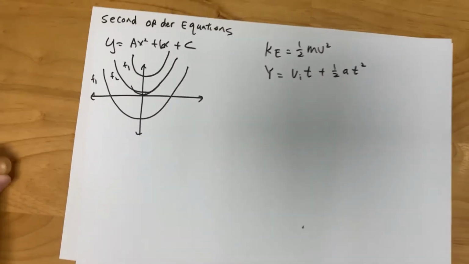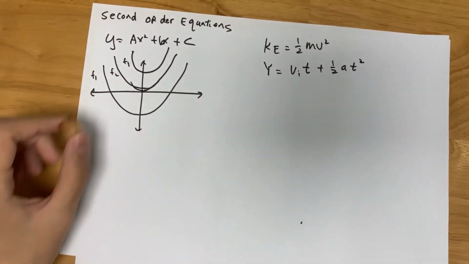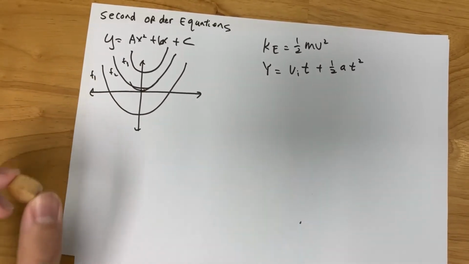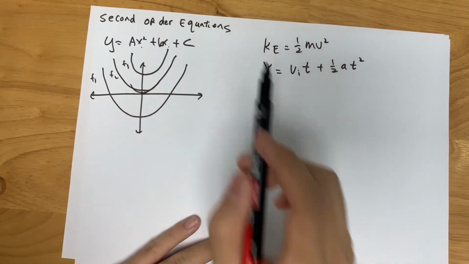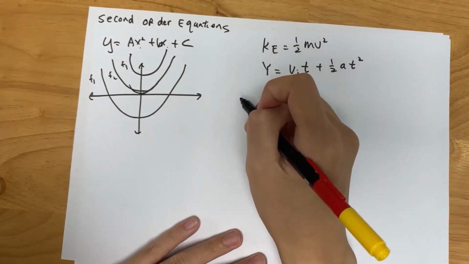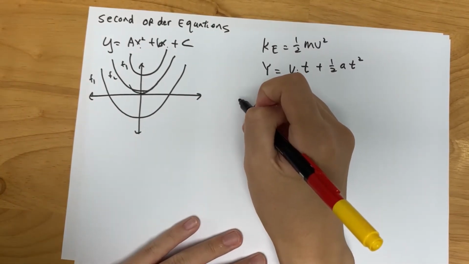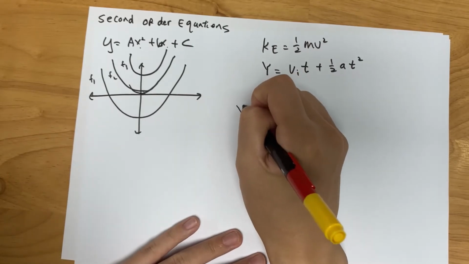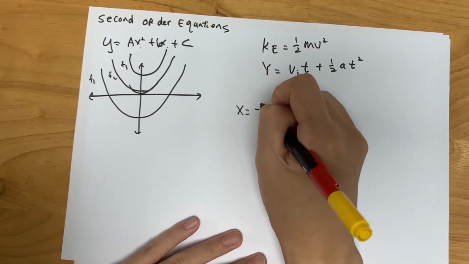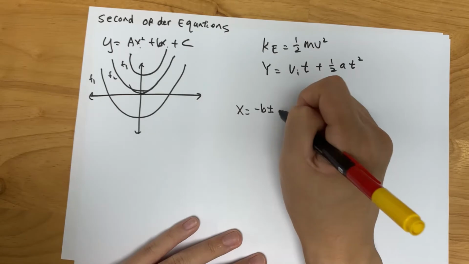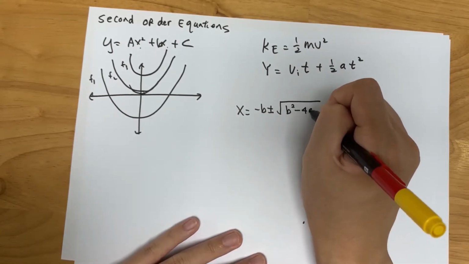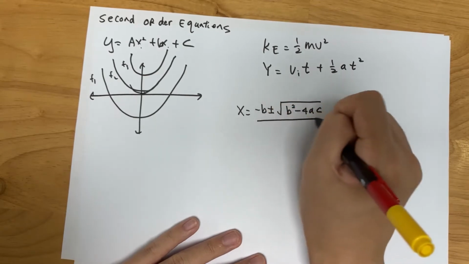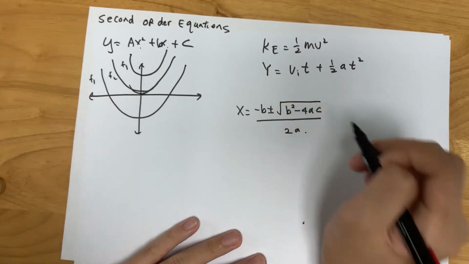So how are you going to solve this? Yes, algebra is important and you have to know the way to do this. And the way to solve for x, in this case, is x equals minus b plus or minus the square root of b squared minus 4ac, divided by 2a.